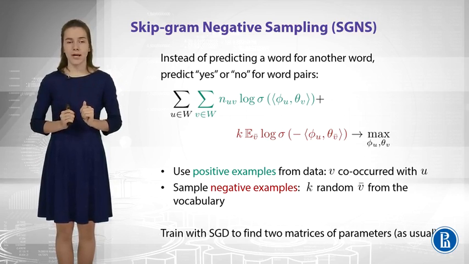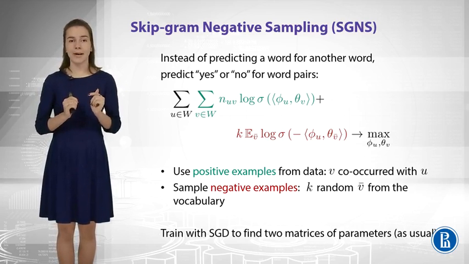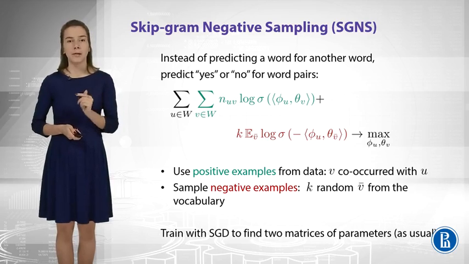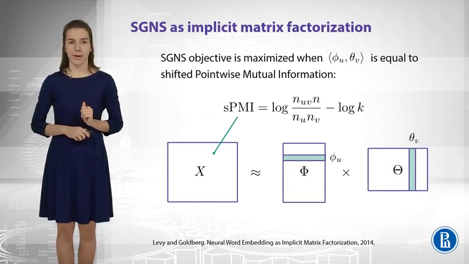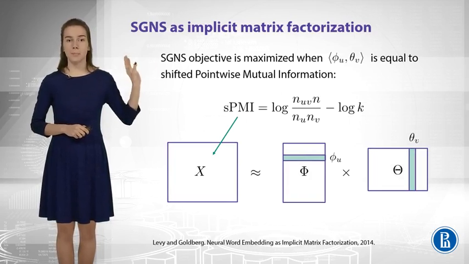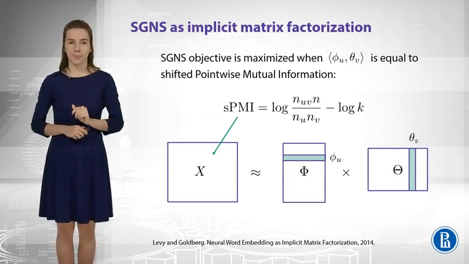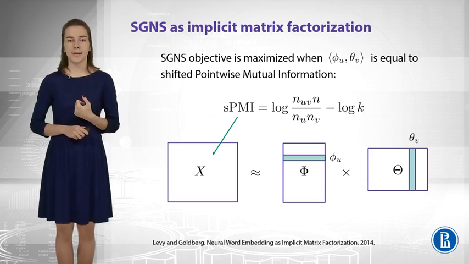If you do this, you will understand that the best value for this inner product is a shifted PMI value, like here. So you see that it is PMI value minus logarithm of k, where k is the number of negative samples.